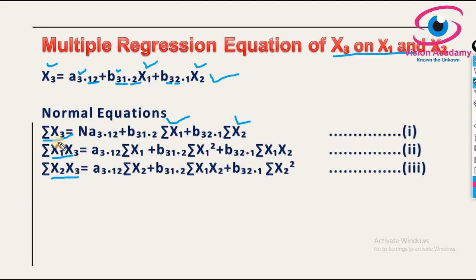Here I need to consider all the other combinations relating to x1, that is summation x1, summation x1 square, summation x1 x2. And here I need to consider all other relations established with x2, because it is combined with x3. So summation x2, summation x1 x2, and summation x2 square.